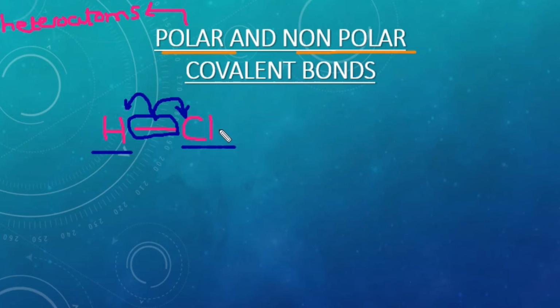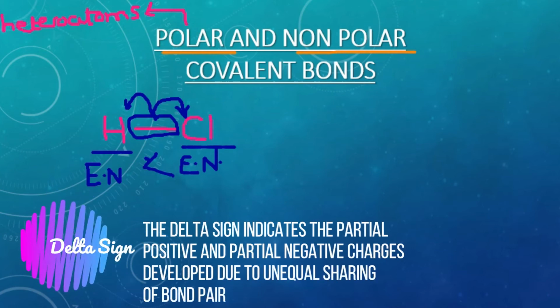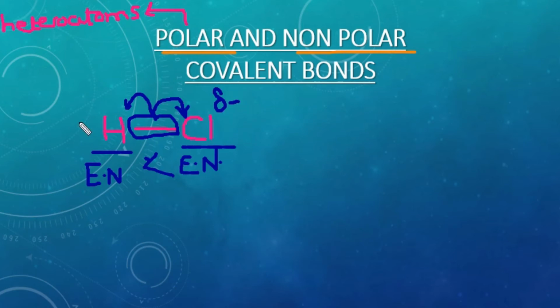Why? We know that every atom has some electronegativity value. The electronegativity value of hydrogen is less than that of chlorine. As a result, the more electronegative atom attracts the shared pair of electrons more strongly as compared to the other atom. So it will develop a partial negative charge and an automatically created partial positive charge on hydrogen appears.